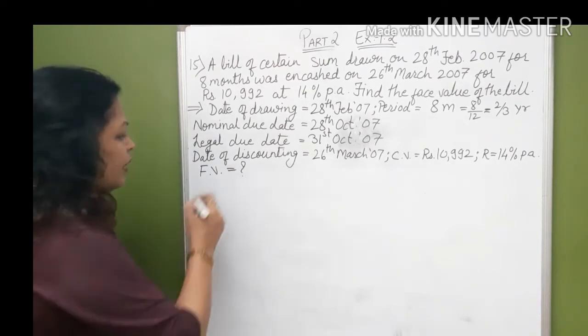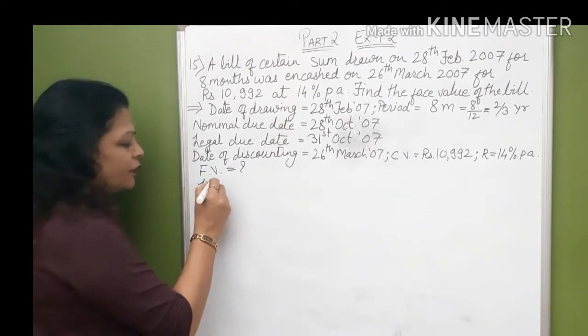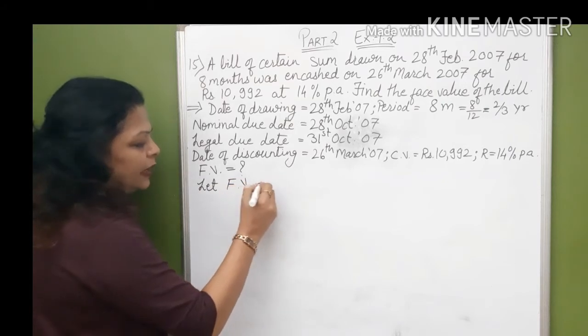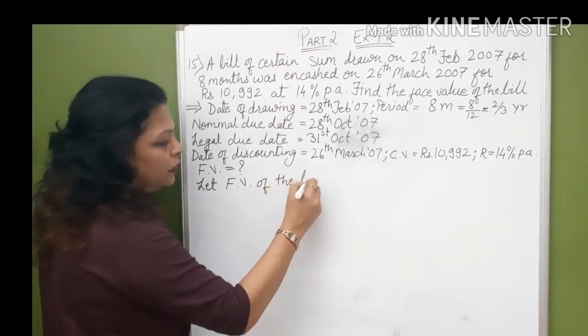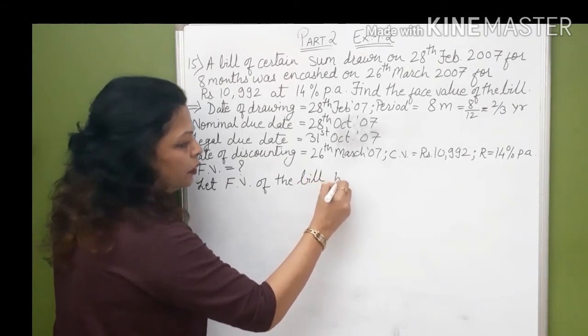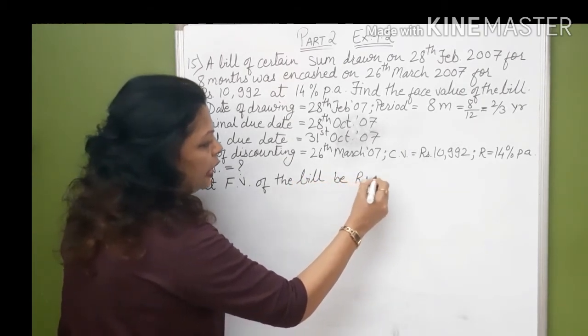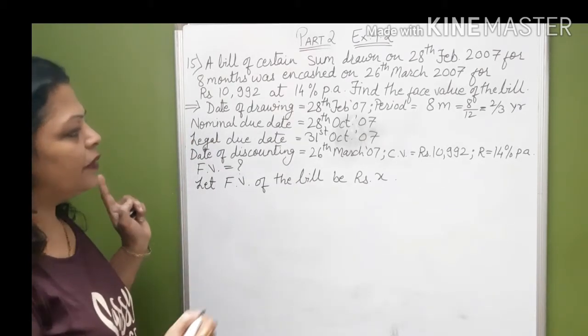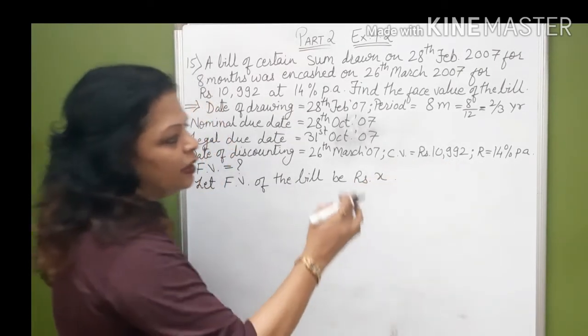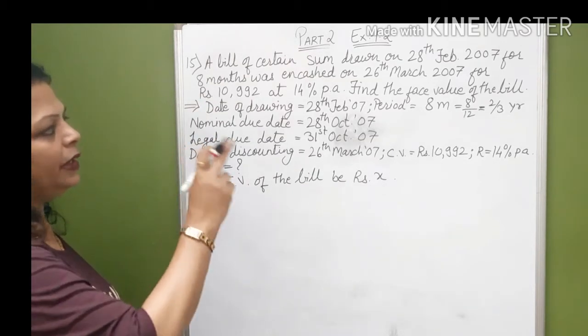Correct? So now we'll say that let face value of the bill be rupees X. Correct? Now what else we have got? We have got here cash value under rate of interest. Period we have got.